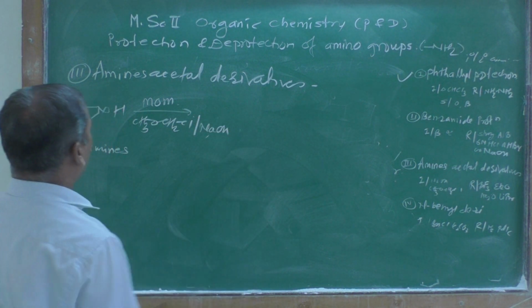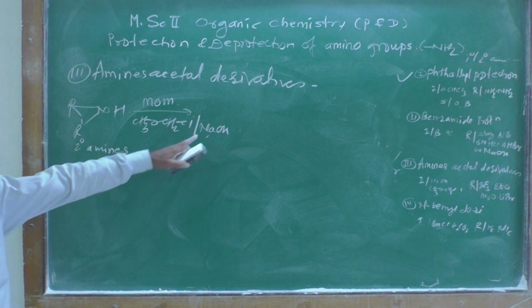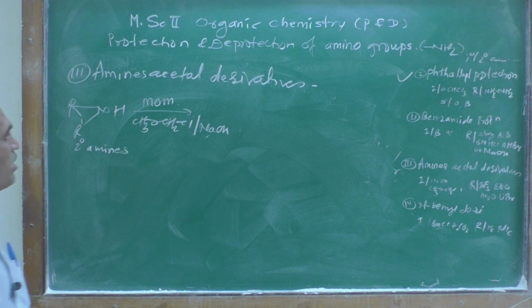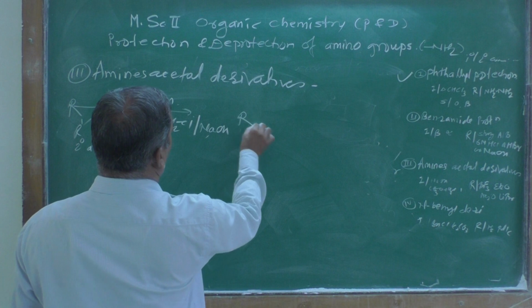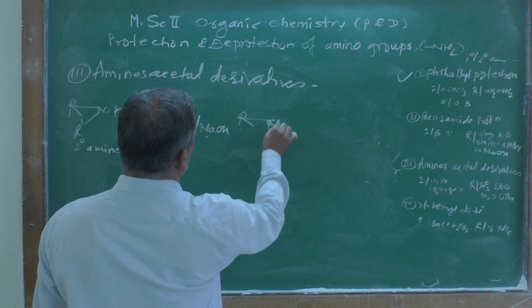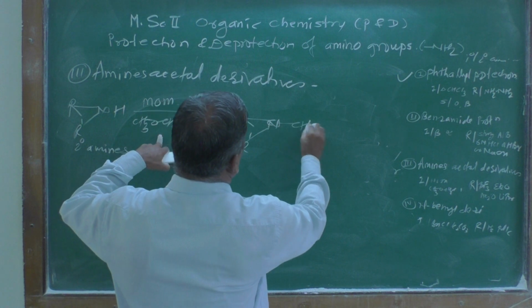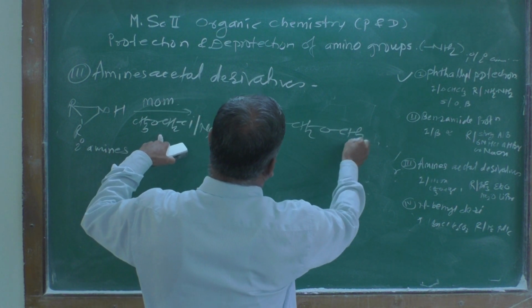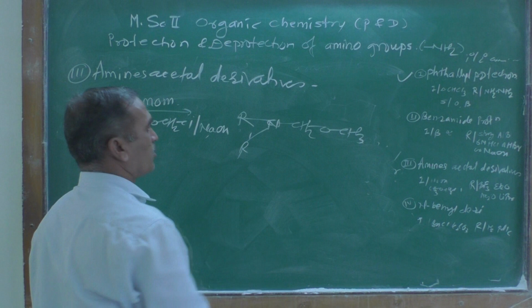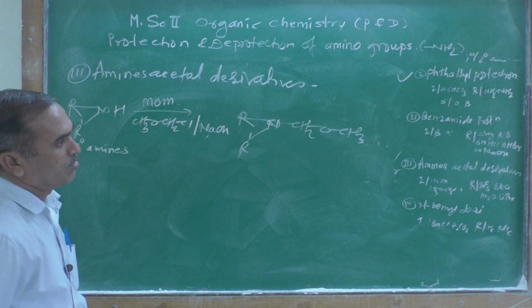The base will abstract the proton from here and you are going to get the product R-N(R')-CH2OCH3, or in short we can call it MOM.